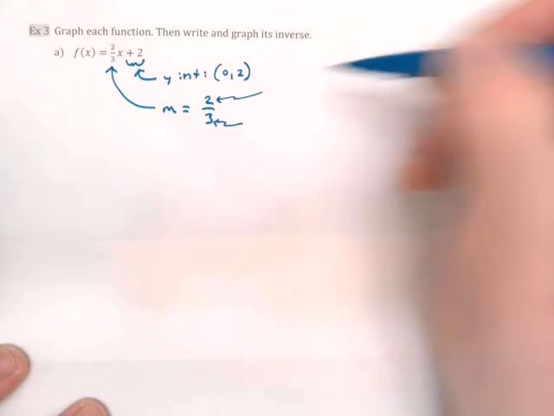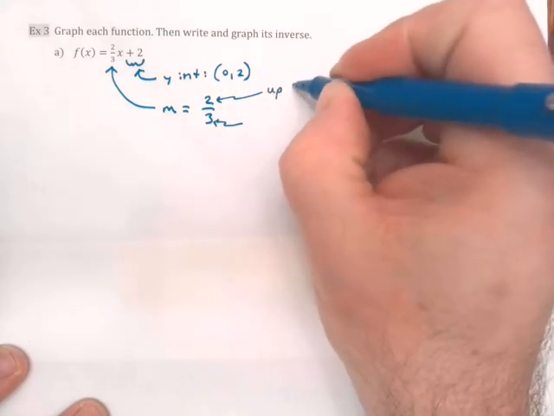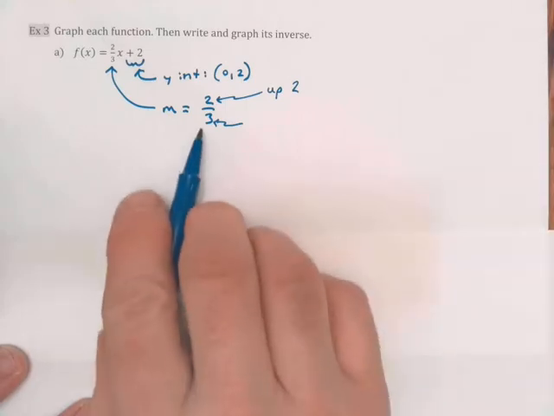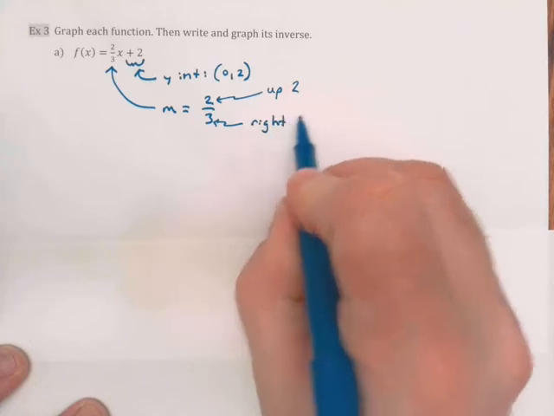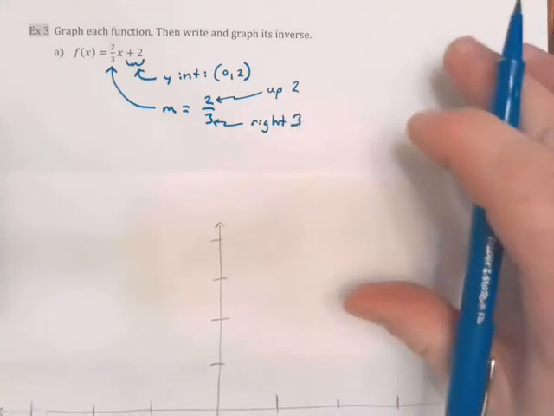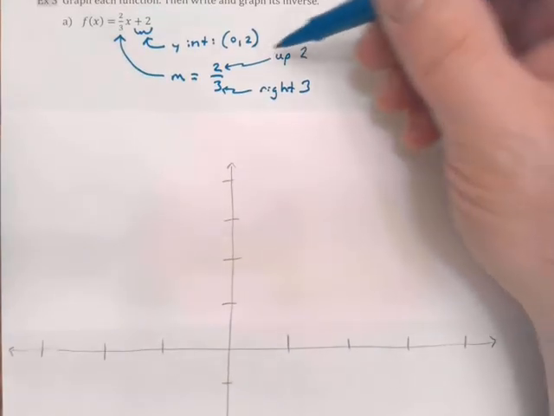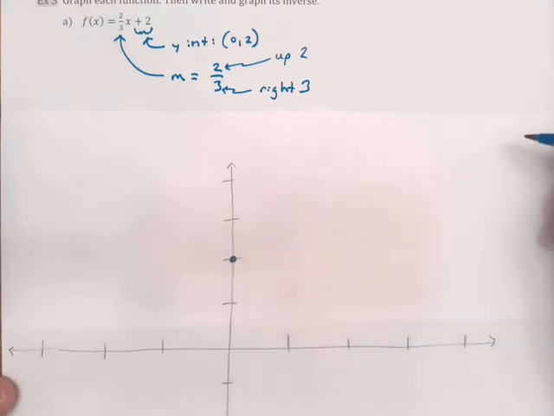Remember, your slope is rise over run, so if your rise is positive, that would indicate your graph is going up, so up 2 units. And if your run is positive, that means we're going to need to go to the right. So using slope-intercept form to do our graph, I want to put in our y-intercept at 2.